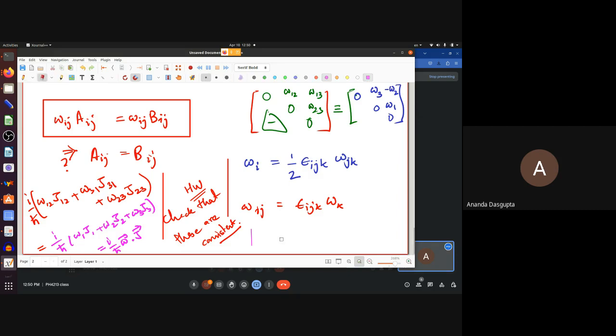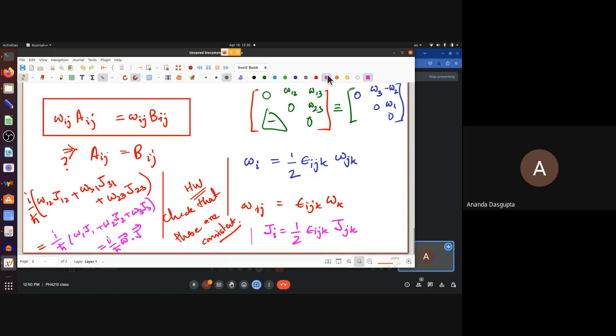So just like omegas, I can also rewrite the J's. The Ji's are half epsilon ijk Jjk's. And very similarly, the Jij's are epsilon ijk Jk. So there are only three independent ones. I've just put in three of them. Clear?